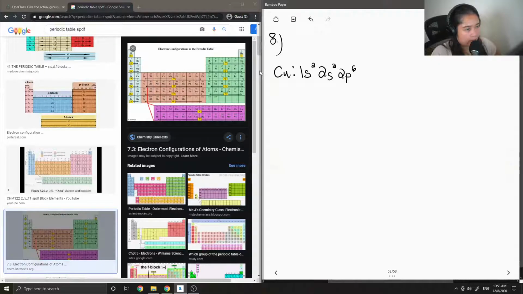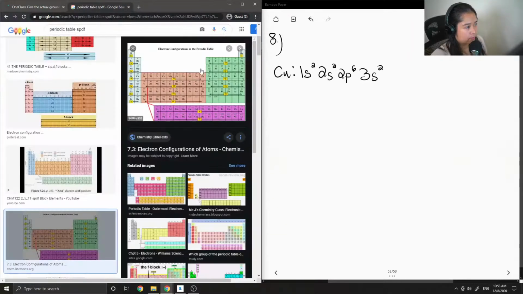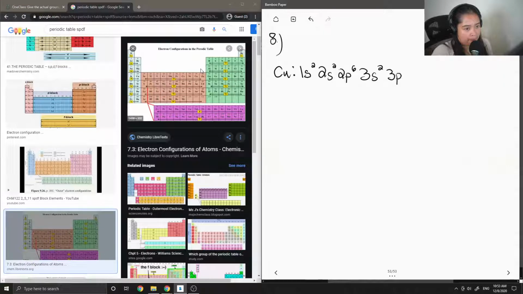And then to the next row, 3s2. And then 3p6. And then the next row down, 4s2. And then counting up to copper, it's 1, 2, 3, 4, 5, 6, 7, 8, 9. So 3d9.